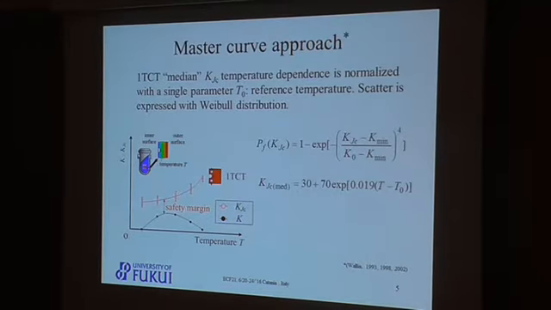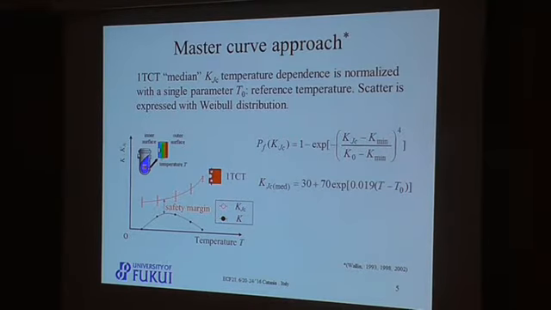One of the widely accepted methods to predict temperature dependence of the cleavage fracture toughness is the master curve approach. The approach assumes the statistical weakest link model for cleavage fracture and uses Weibull distribution to express the scatter of fracture toughness KJC.